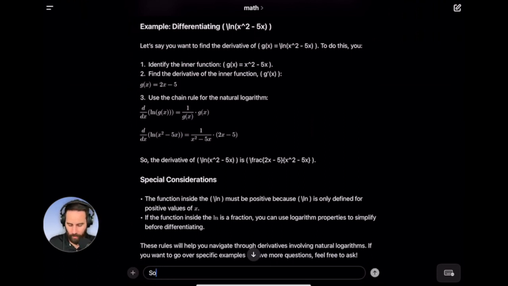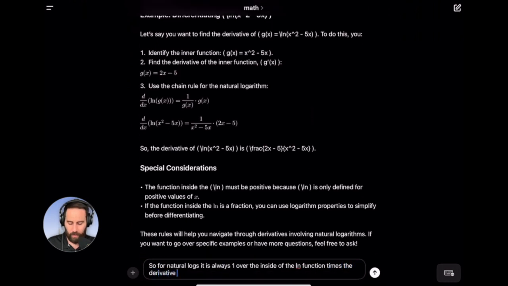So for natural logs, it is always 1 over the inside of the ln function times the derivative of the inside of the function.